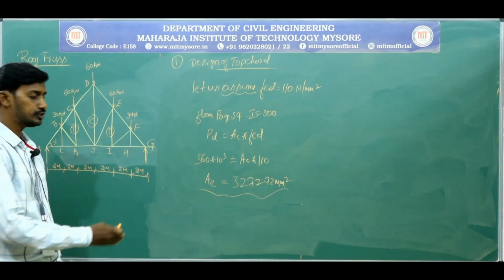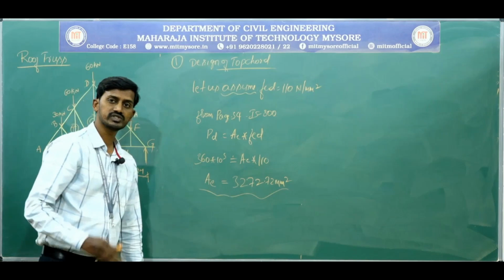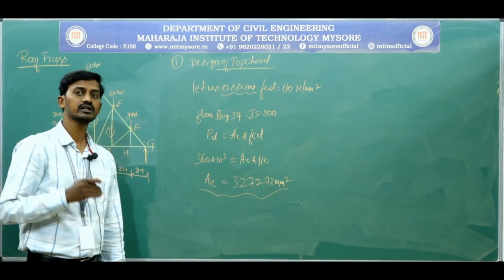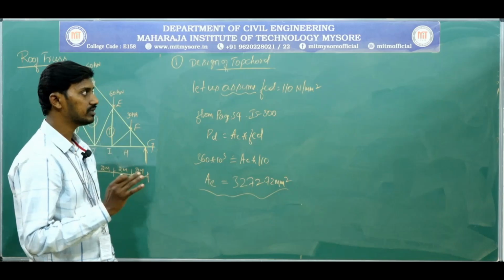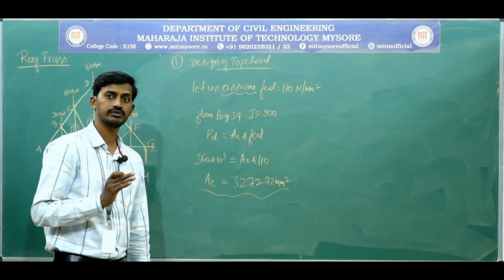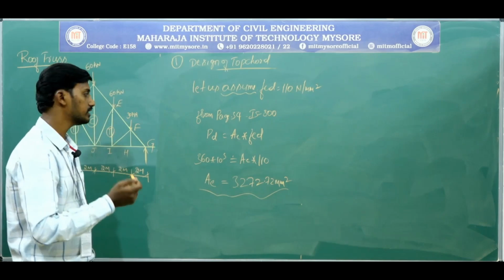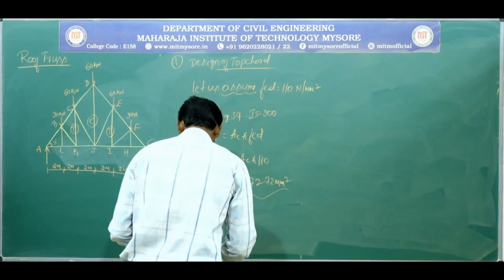So which suits this area, we should select double angle from the steel table, and minimum angle should be how much? 50 by 50 by 6. So let us go with the steel table.